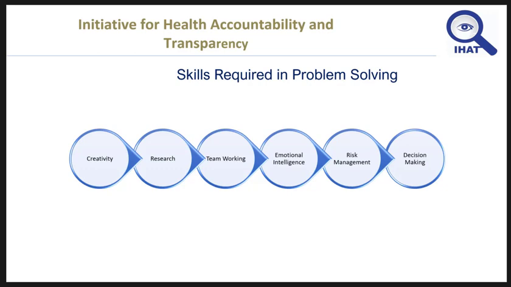We'll be looking at 6 basic skills required in problem solving, and they include creativity, research, teamwork, emotional intelligence, risk management, and decision making. Now let's take these skills one after the other.